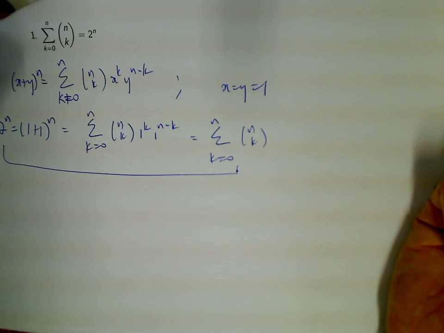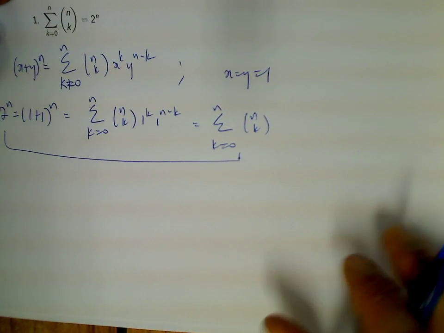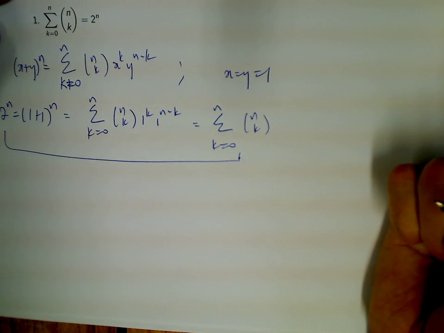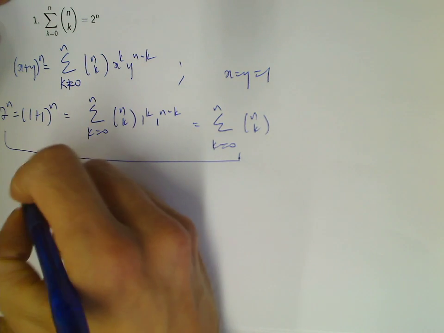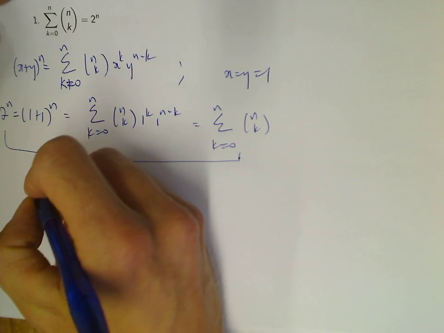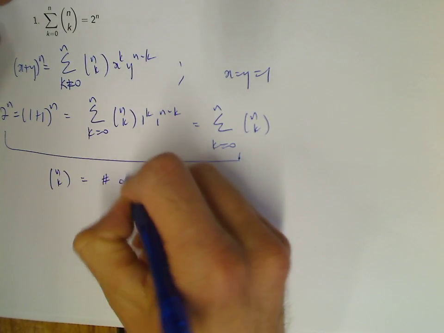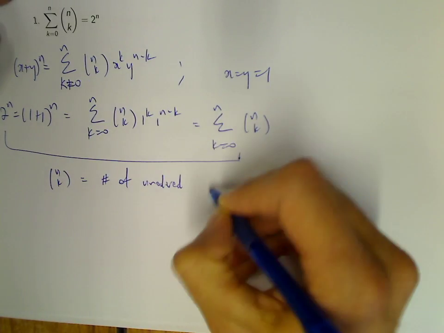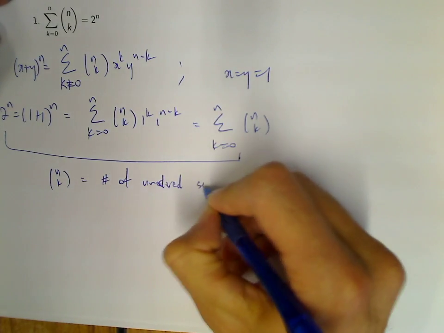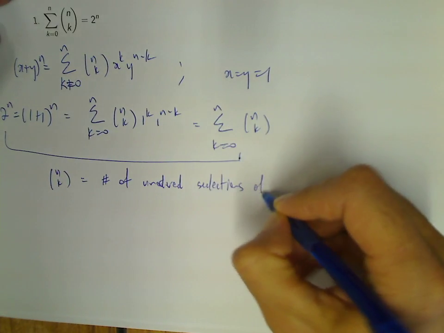Okay, so we can prove this using the binomial theorem, but we can also see it another way, using a combinatorial approach. So let's just think about what n choose k is equal to. n choose k is the number of unordered selections of k objects from n.